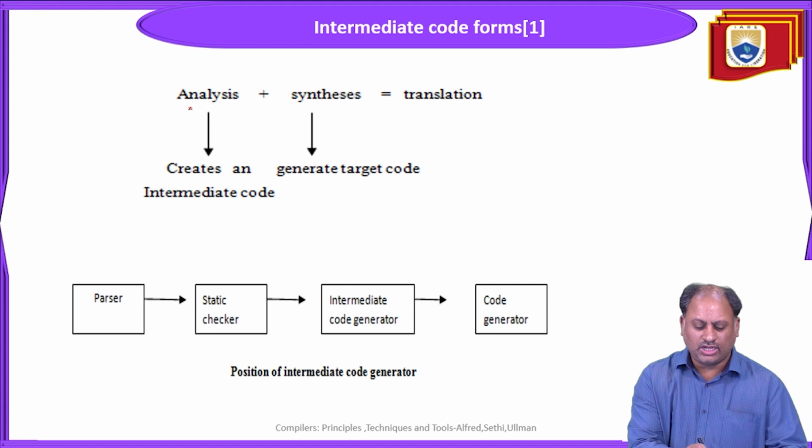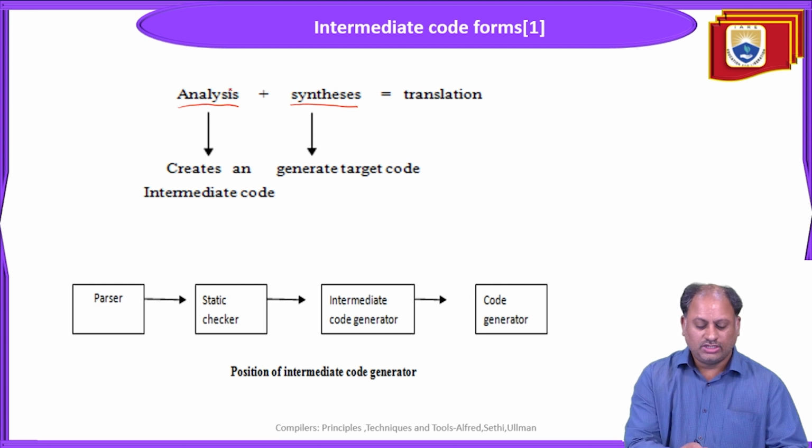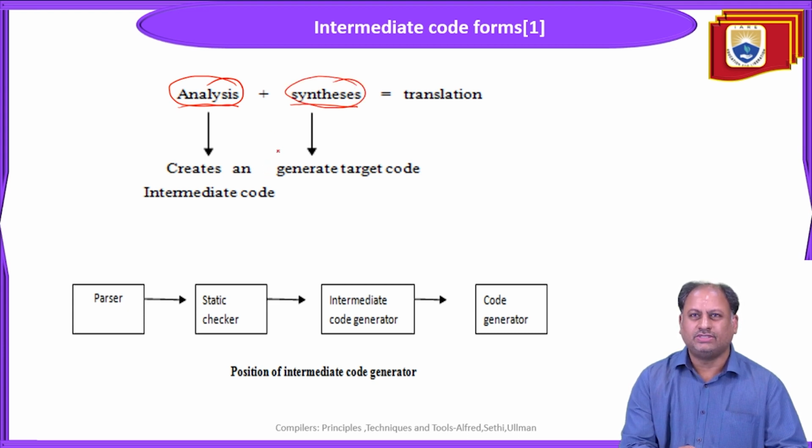We know that there are two parts in the translation of the compilation process: the analysis phase and the synthesis phase. The analysis part contains some phases, and the synthesis part contains some phases.